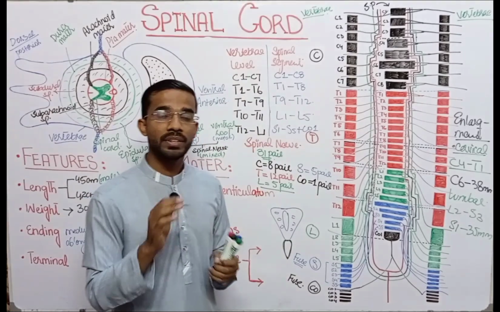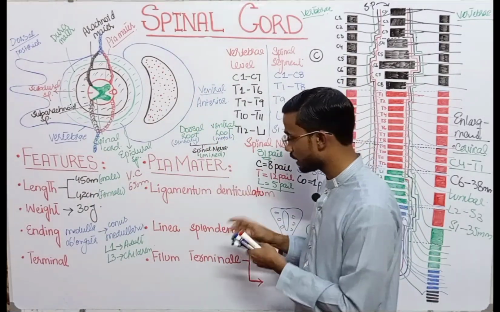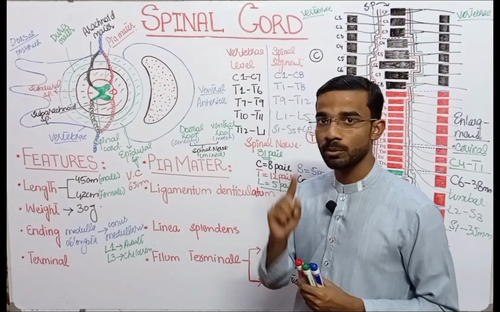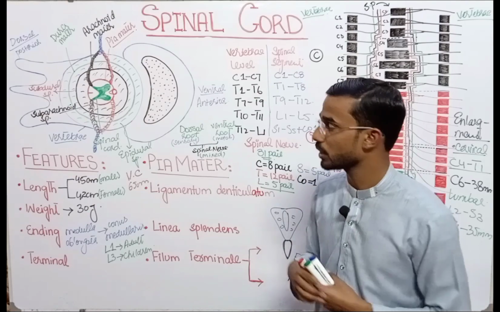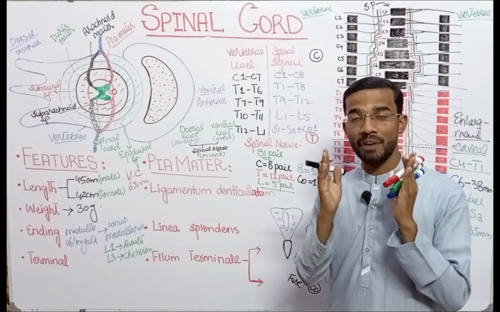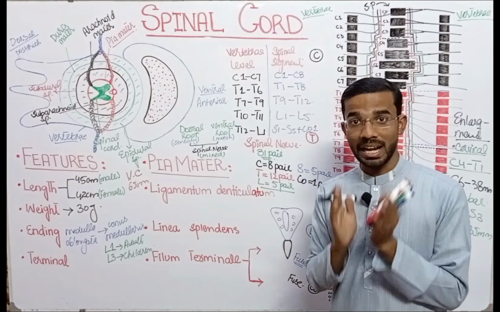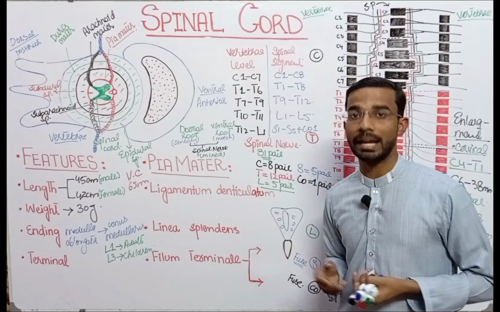So next we will discuss the different modifications of the pia mater. So here you see that this is the pia mater. The first modification is the ligamentum denticulatum. This is actually fibrous bands that arise from the pia mater and attach to the dura or the arachnoid mater.